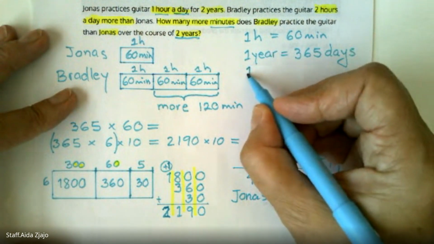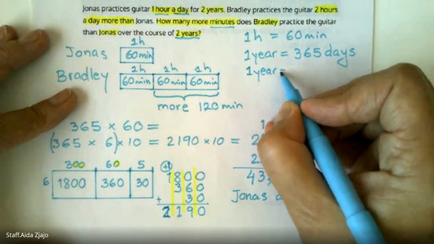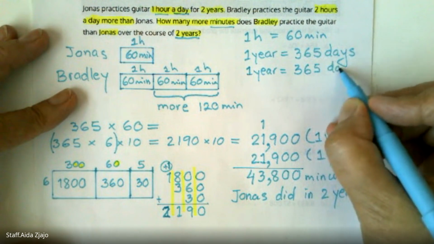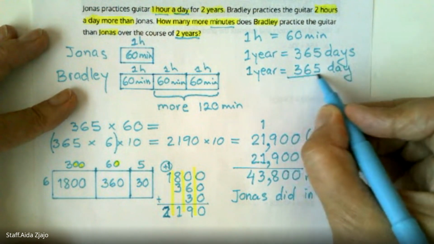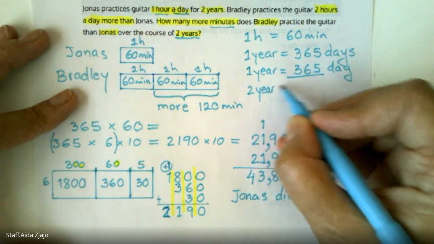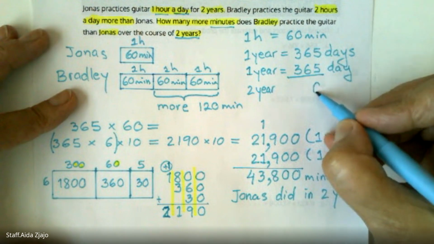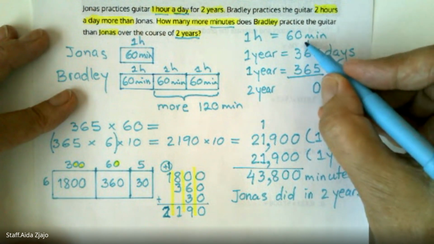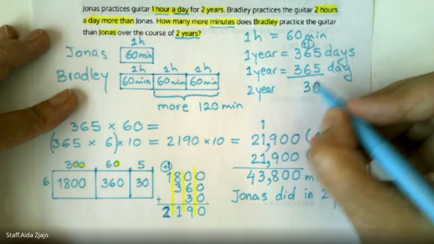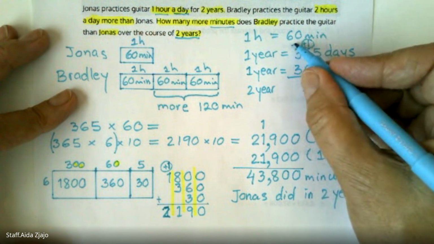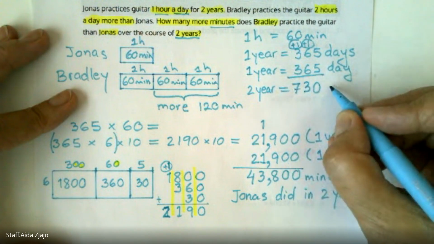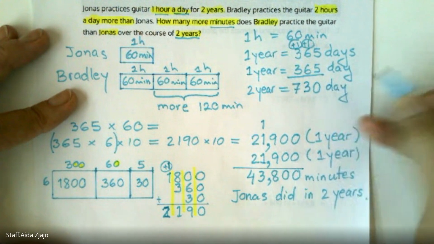If you add one more year, then it will be adding 365 days more. So together in the 2 years, 5 plus 5 is 10, remember 1. Okay, 6 plus 6 is 12, plus 1 is 13. And then remember one more. So it's 730 days Jonas did in 2 years.